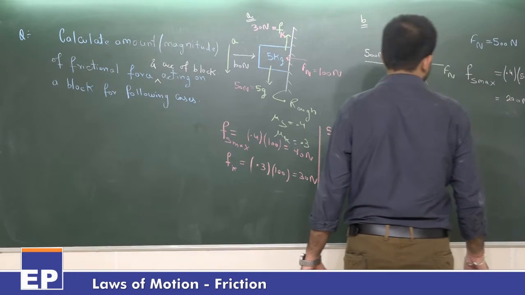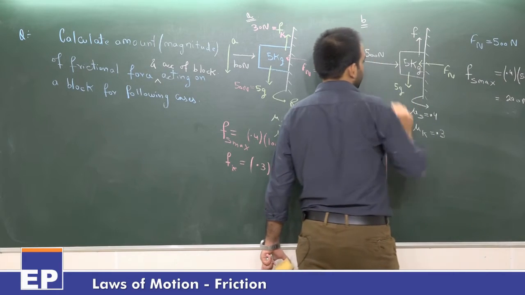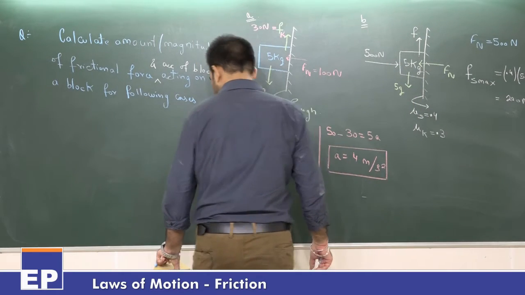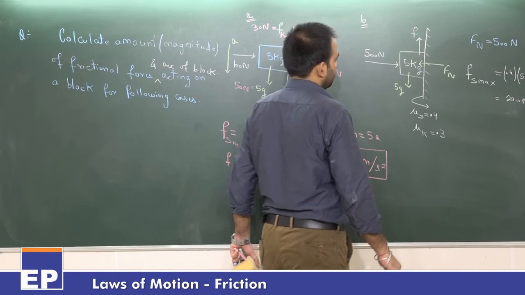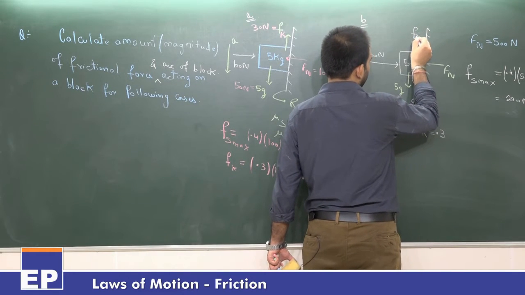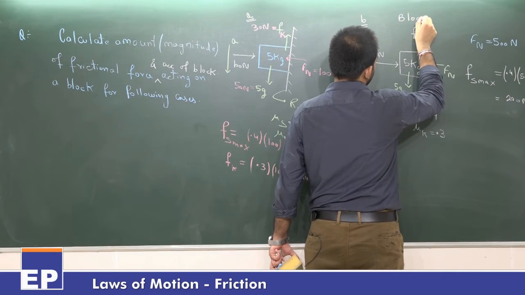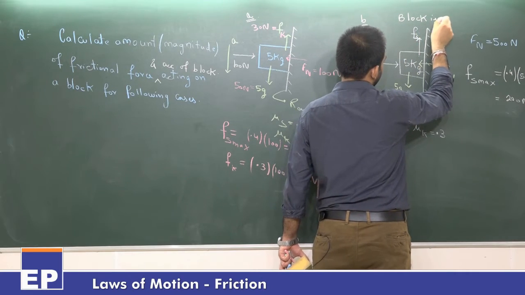Right? The Fs max is 200 and the only demand is of 5G, 50 Newton. So it will not move. So here the friction that acts will be static friction Fs. And the block is at rest in this case.